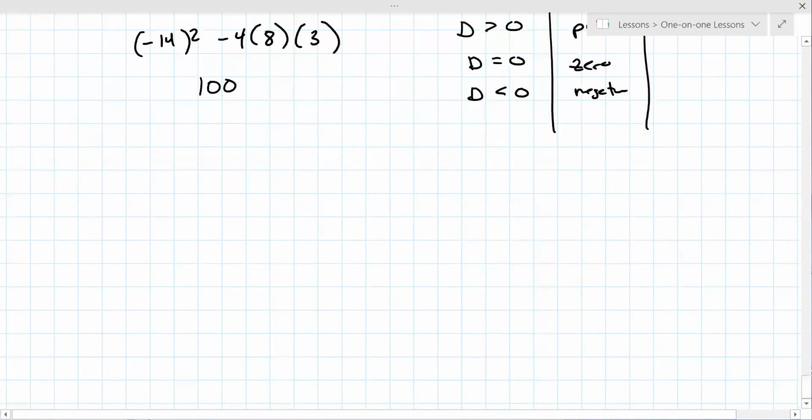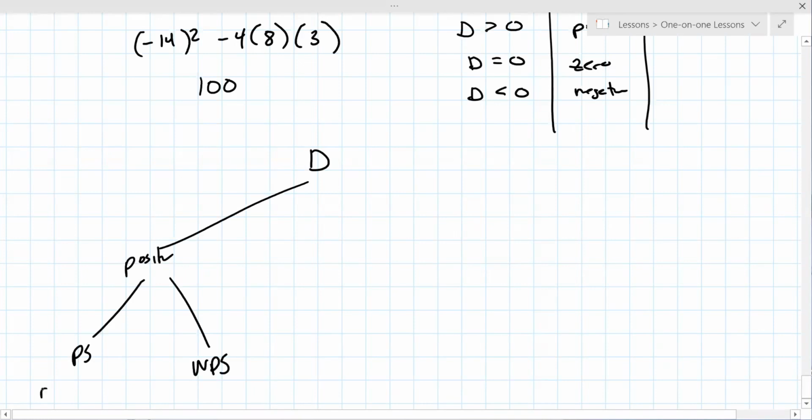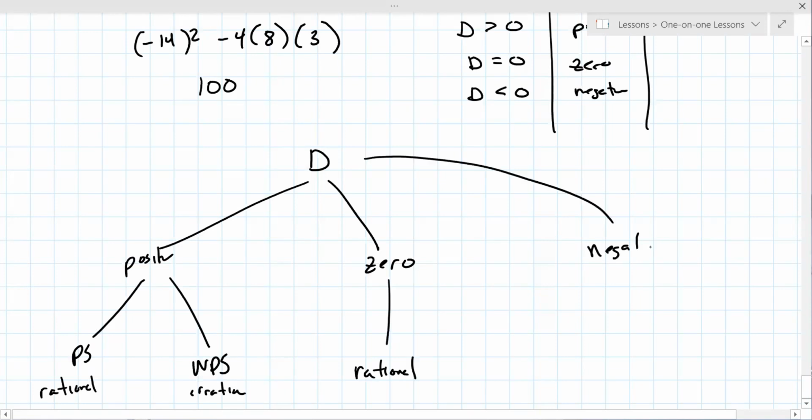So let me try to draw a diagram here. If it's positive, it could be a perfect square or not a perfect square, and this is when it's rational. This is when it's irrational. The discriminant could be 0, and then it's always rational. And then there's when it's negative, and this is always complex valued.